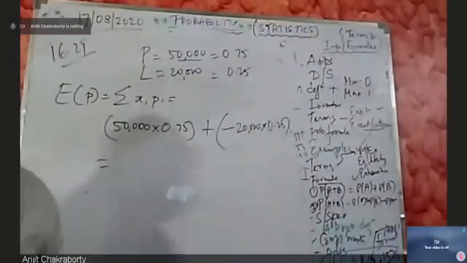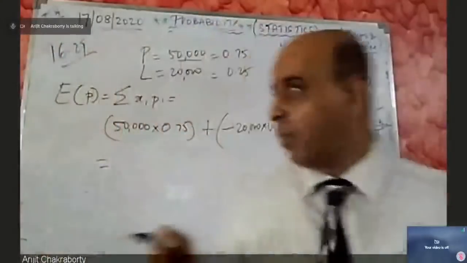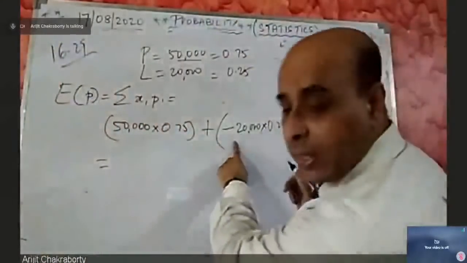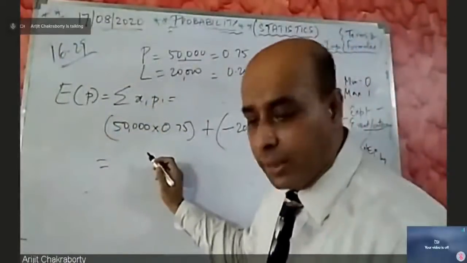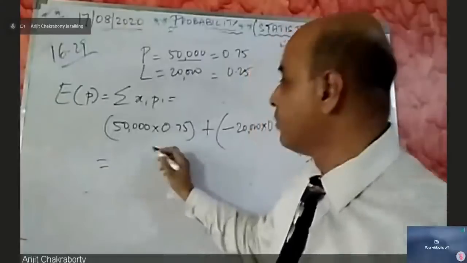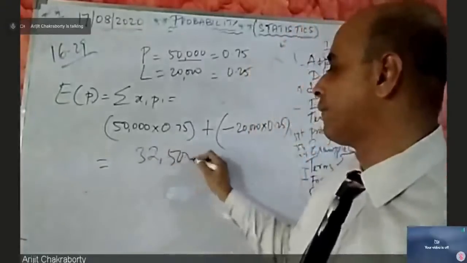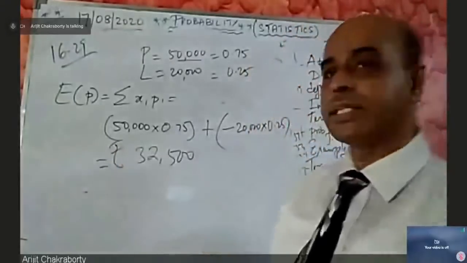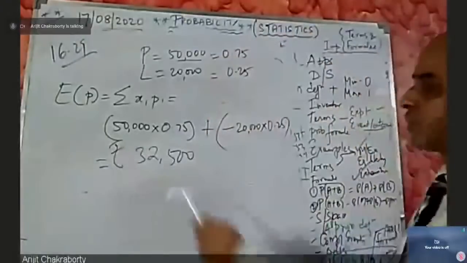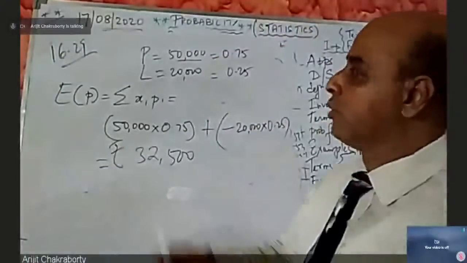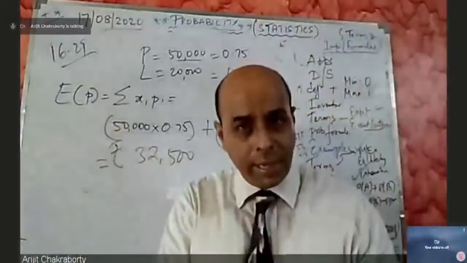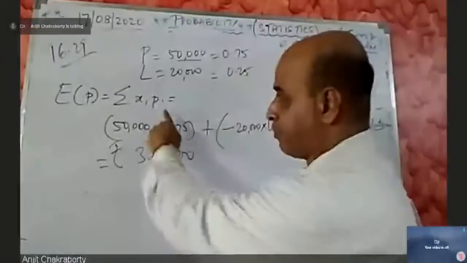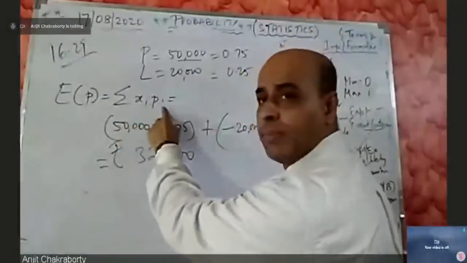So let us see how much it comes. 50,000 into 0.75 plus 0.25 into minus 20,000. If you work it out, it is 32,500. So his expected profit works out to 32,500. Expectation means the product of the probability and the value, xi pi, the value into probability.